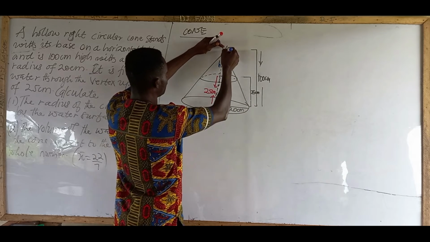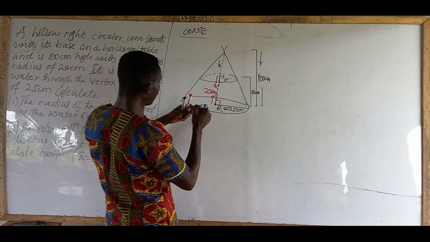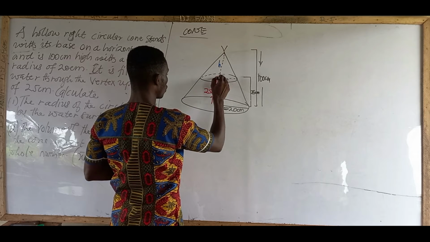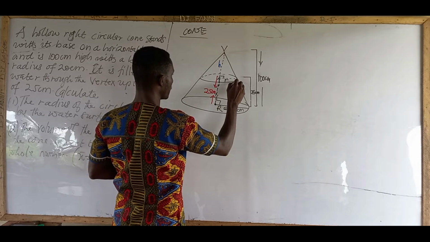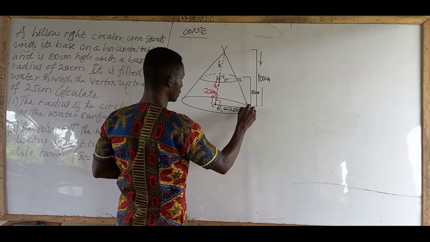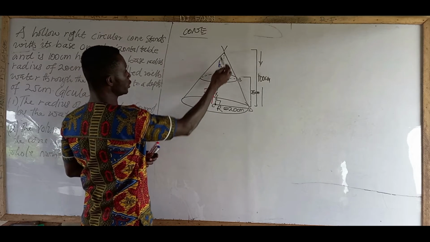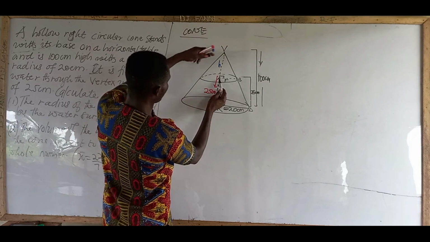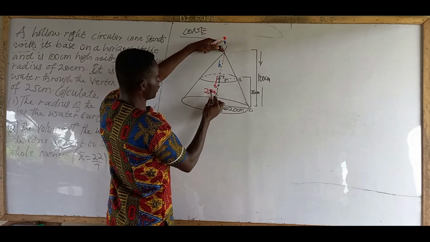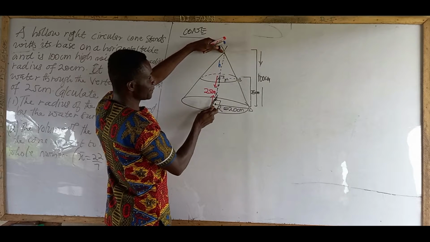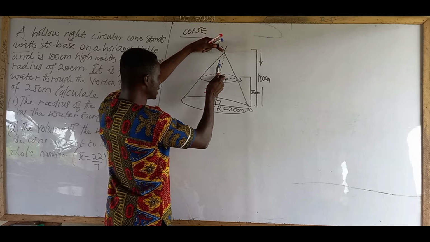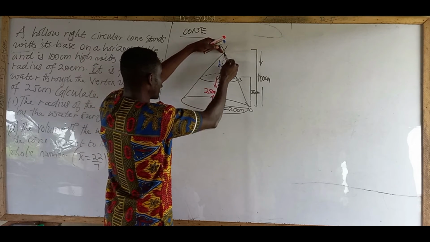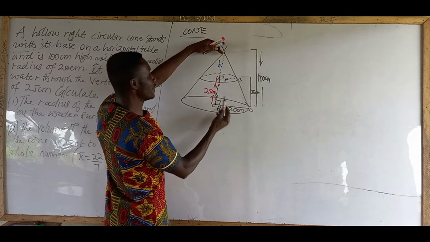Look at it carefully: V, A, B, C, D. So we have V, A, B. From the height upward, because the whole height is 100 centimeters, and from this place to this place is 25, obviously here will be 75. So 75 plus 25 will give us 100.